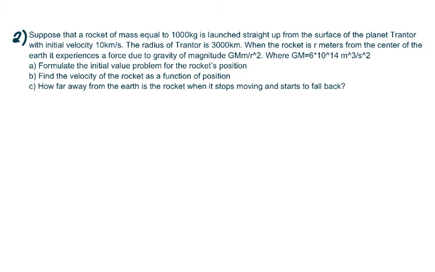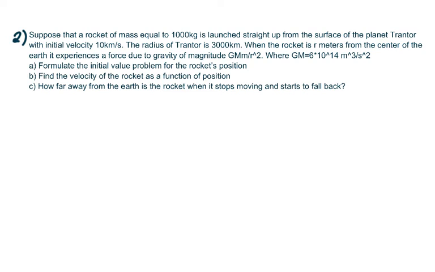Okay, so for these problems, the setup is the most important part, because if you were able to understand the previous problem, then you will easily solve this one as well. So let's start off.